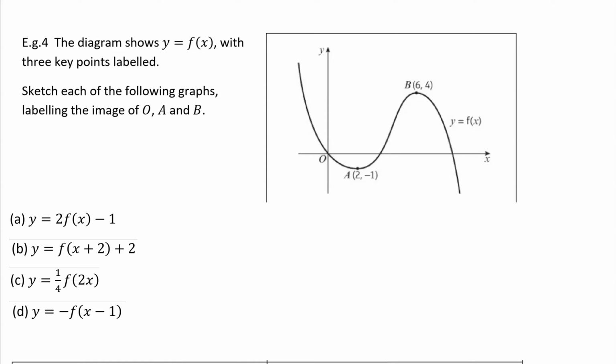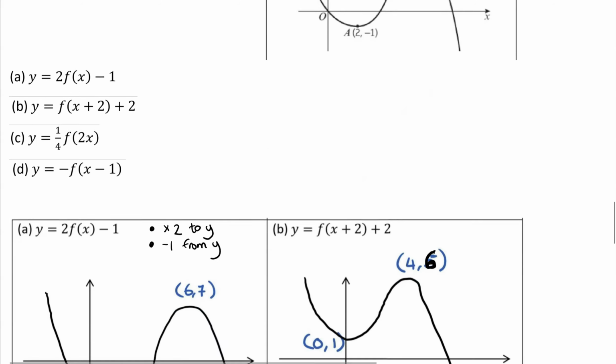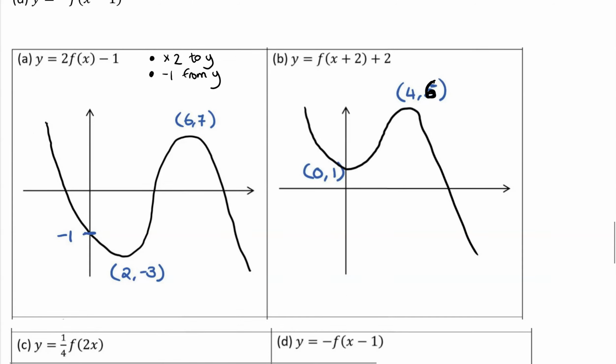Your x is going to remain unchanged, so it's still going to be 0, but in terms of what happens to the y, well, you double 0, you're going to get 0, but then take one away, you're going to get minus 1.